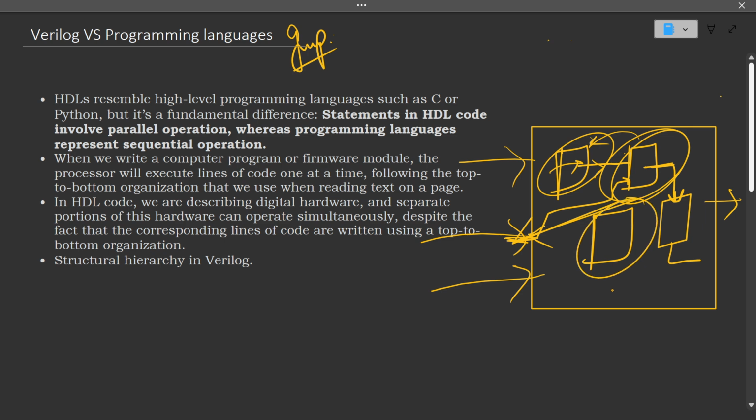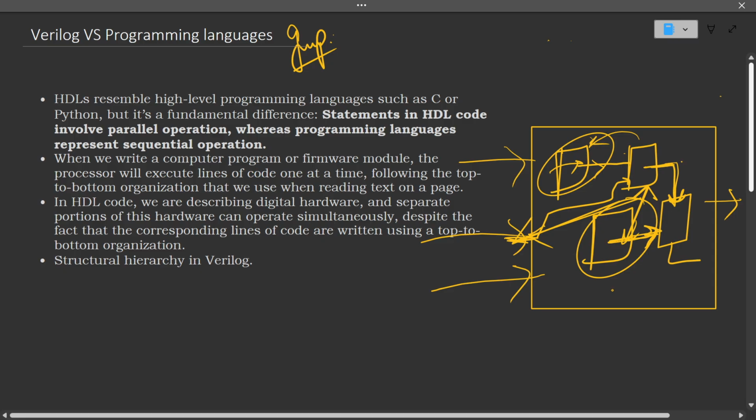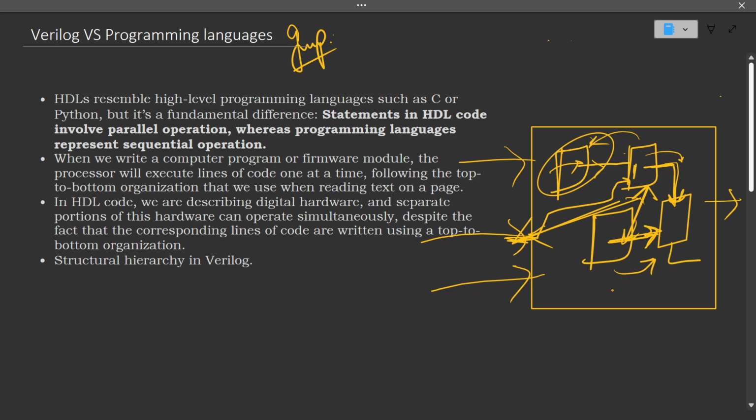For example, the output of this block is an input to this, and the output of this block is also an input to this block. So this block will only work when it receives input from this block and from this block also, right? So block number 1 and block number 2 should work in parallel to make block number 3 execute. So this is how Verilog language performs its execution.